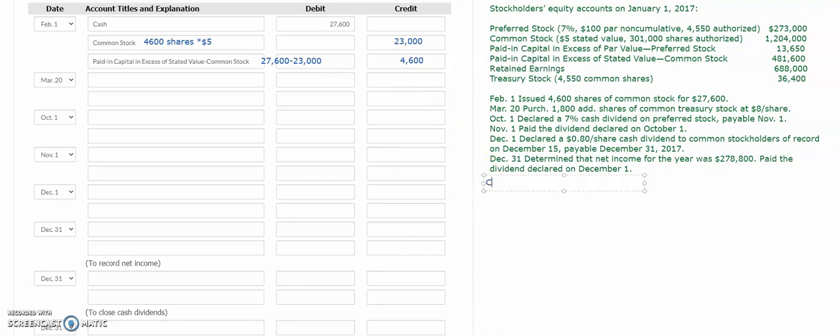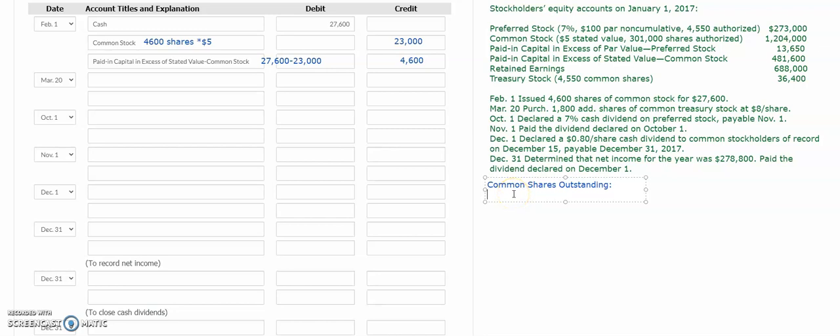And one of the things that you might want to do for a problem like this is to keep track of the common shares outstanding. So our common shares outstanding will start off with the number of shares that we have issued. And you'll notice that in this problem, we only know the shares authorized, but we don't know the number of shares issued.